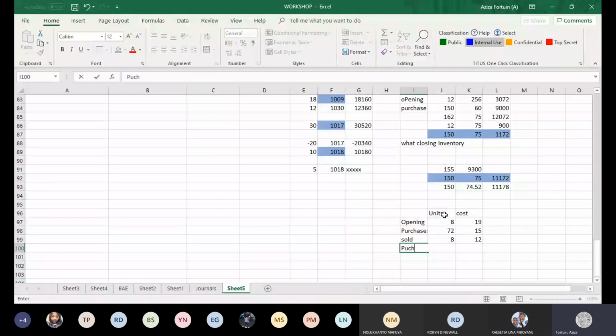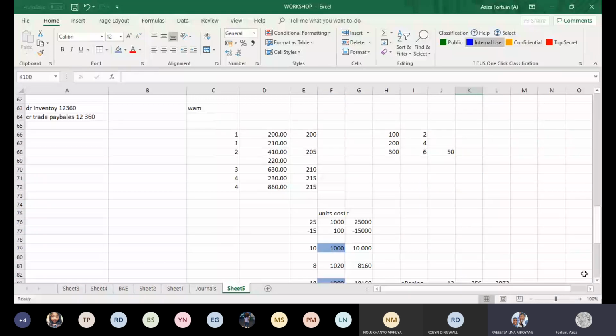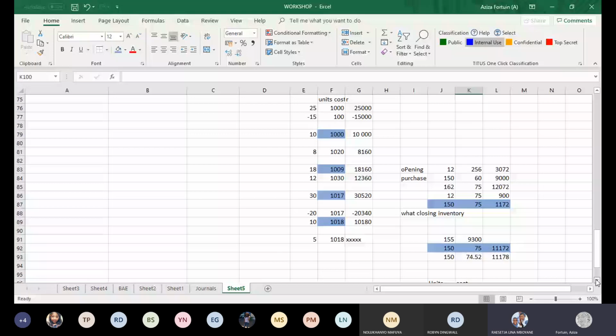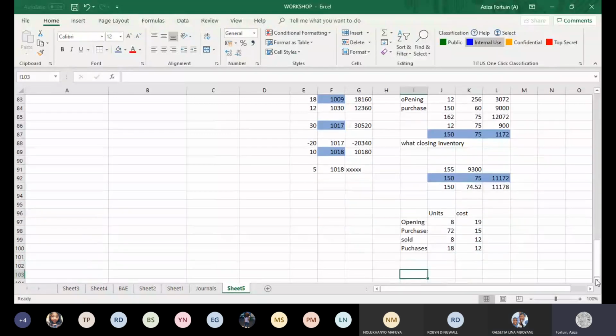And then I purchased 18. I shouldn't say the amount. Okay. Can you calculate it now? You can just give me your answers once you have it, the closing balance.